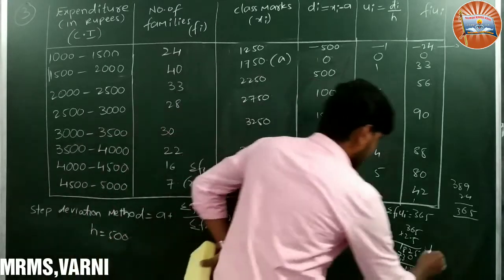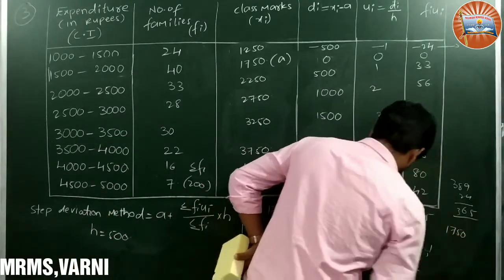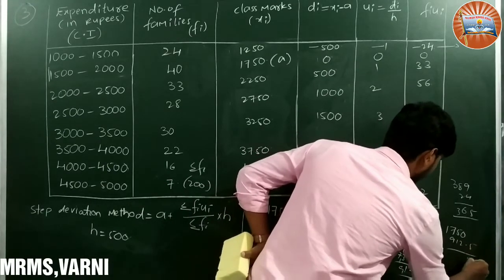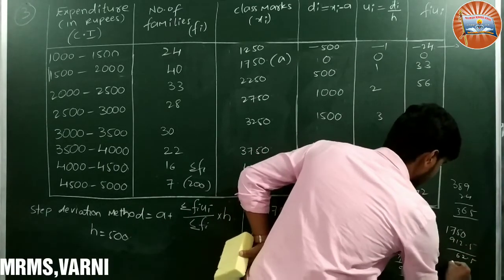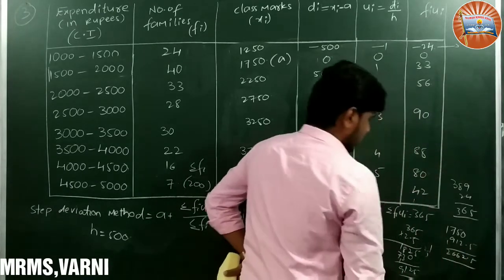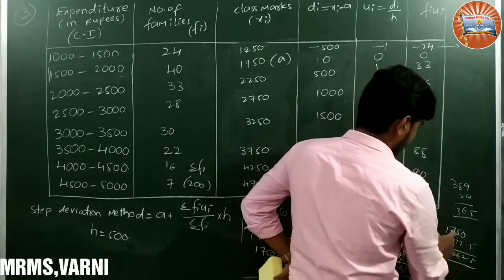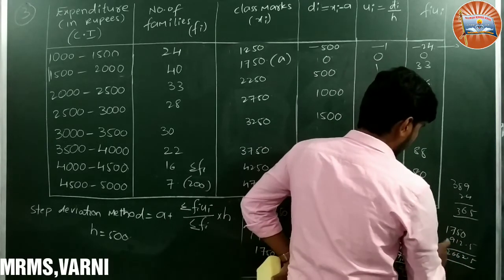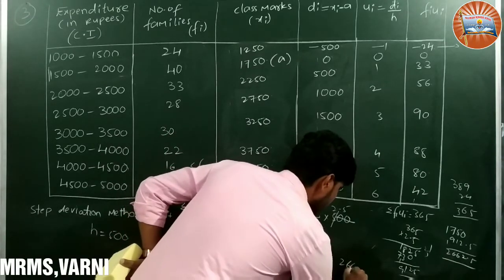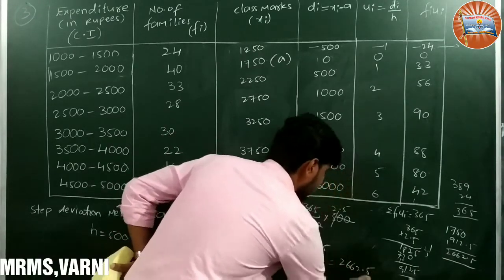So what is the summation of 1750 plus 912.5? It is 2662.5 rupees.